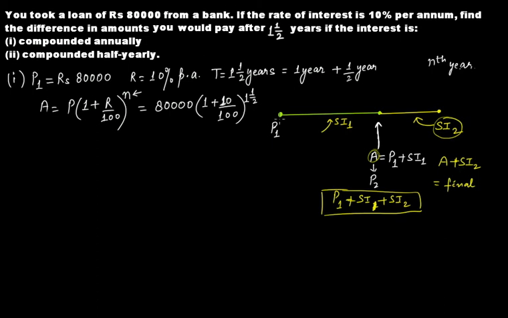Okay, so first solve this A. What will be A here? If we delete this half and simply calculate this portion, this is 11 by 10, so 80,000 multiplied by 11 by 10, you get rupees 88,000.